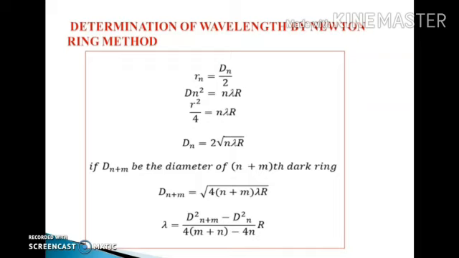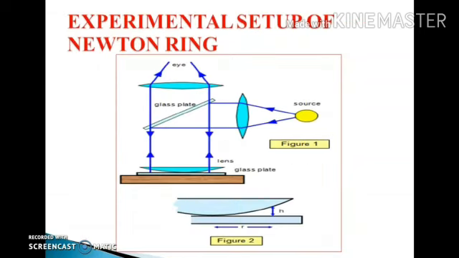That is the wavelength of light used. Now, here is the experimental setup for finding Newton rings. As you can see in the figure, we have used a monochromatic source of light, and a convex lens is used in order to allow the light to fall on the transparent glass plate.